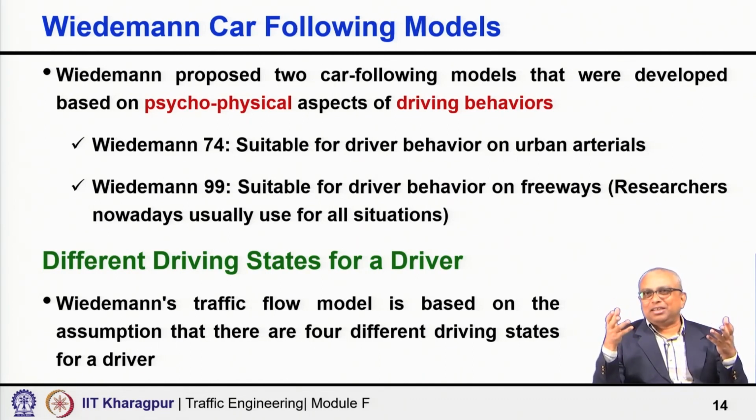Even for rural and urban both cases researchers use the Wiedemann 99 model. Now, the Wiedemann traffic flow model is based on the assumption that there are 4 driving states for a driver. What are those 4 states in this context, right?